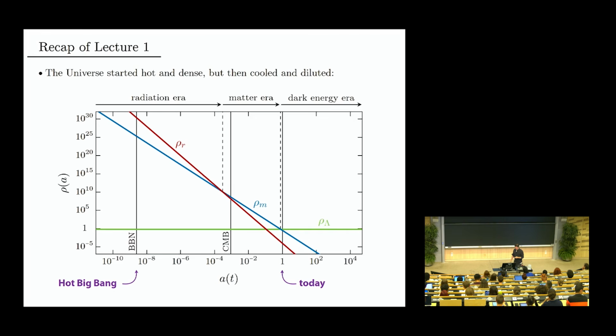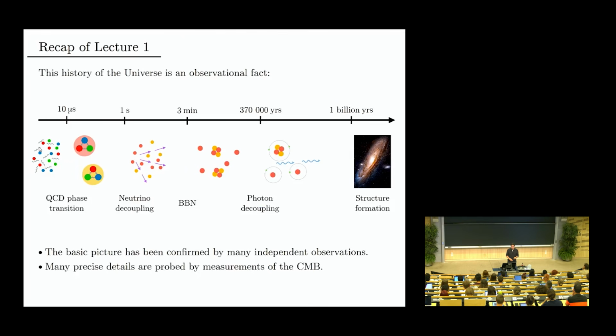Okay. So then finally, in the last part yesterday, I discussed what this means for the hot Big Bang picture of the universe, that there are many interesting things that happen in a short amount of time. We started with the matter-antimatter asymmetry, which is not an established fact, but we believe there must be some mechanism that created an asymmetry between matter and antimatter, roughly at 10 to the minus 19 seconds after the Big Bang.